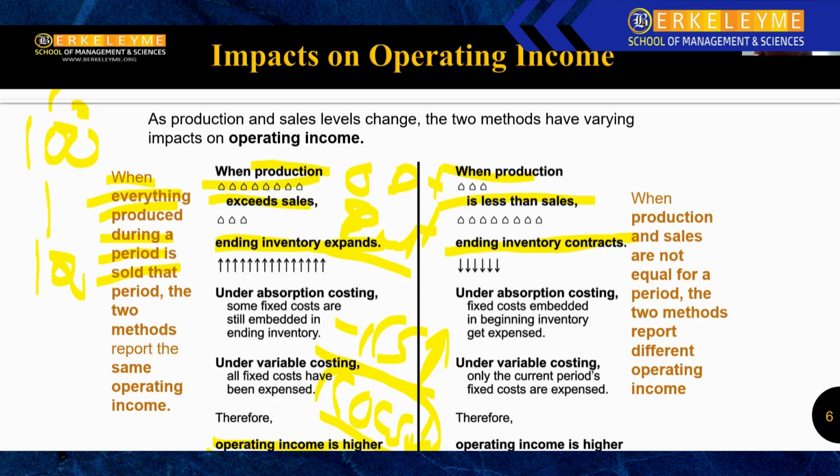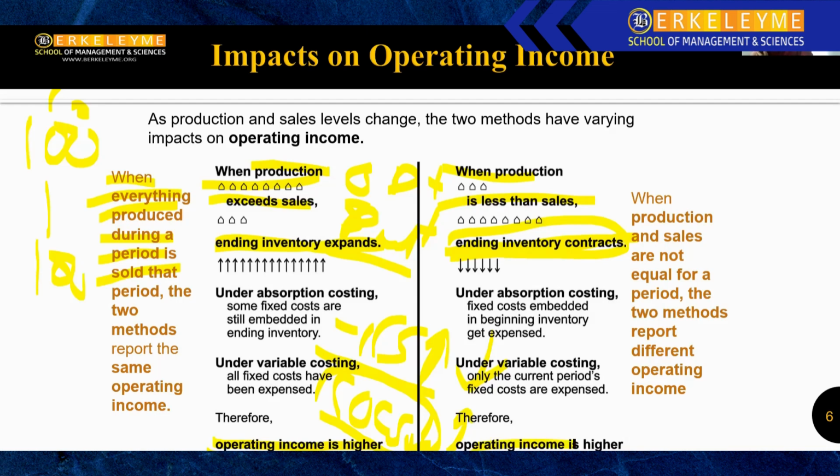So that's how the concept works. And the opposite: when you have less closing inventory, this arrow sign is now down, so the cost of goods sold has increased. So under absorption, your profit will be lower, while in variable costing, it will be higher than the absorption one.